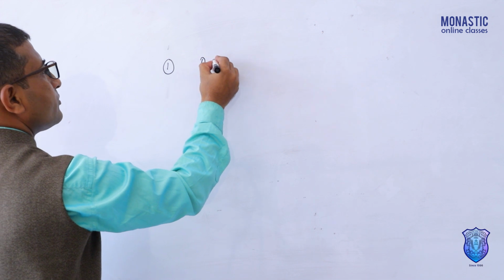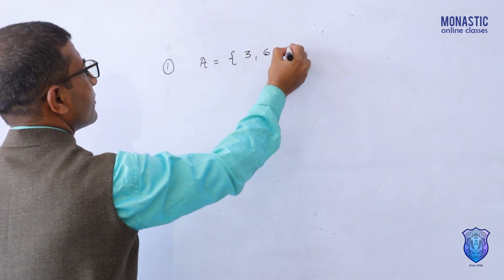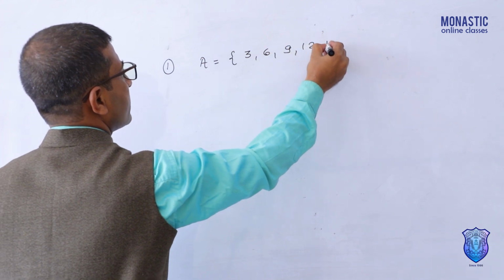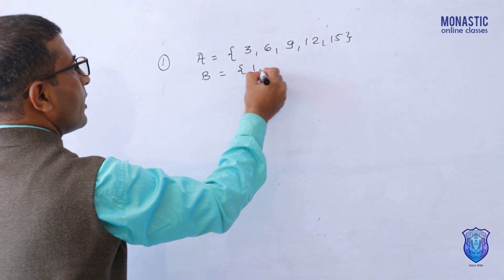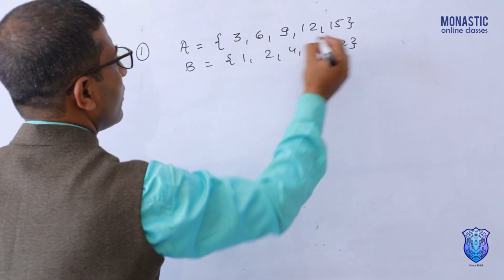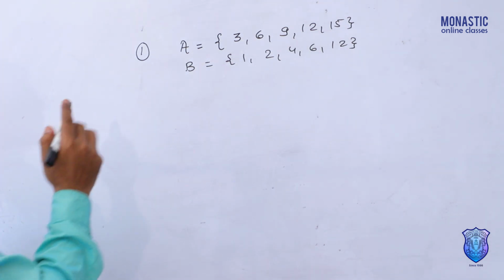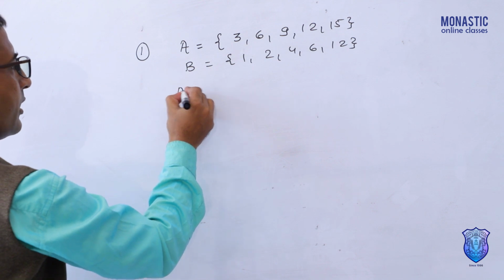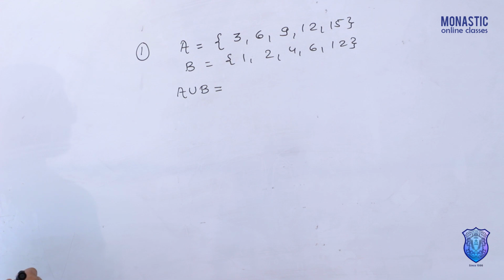If we look, A is 3, 6, 9, 12, 15, and B is 1, 2, 4, 6, 12. Two sets are given. We have to find first A union B, and we have to show it in a Venn diagram.